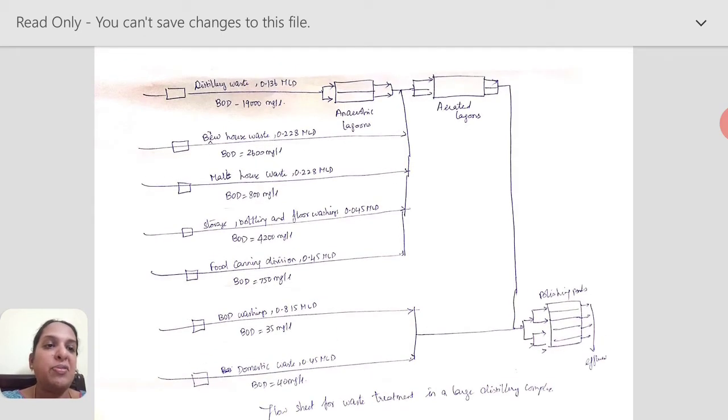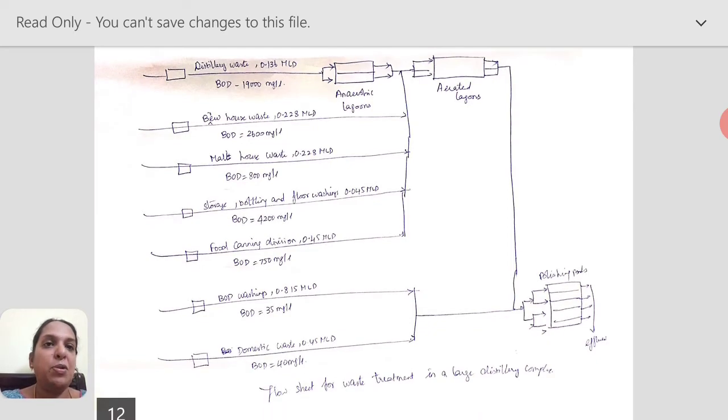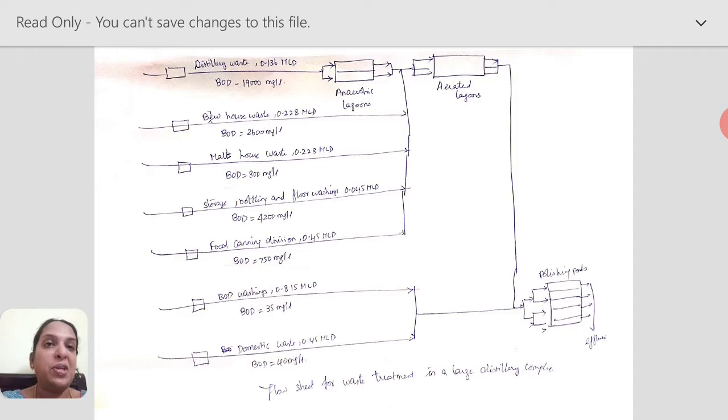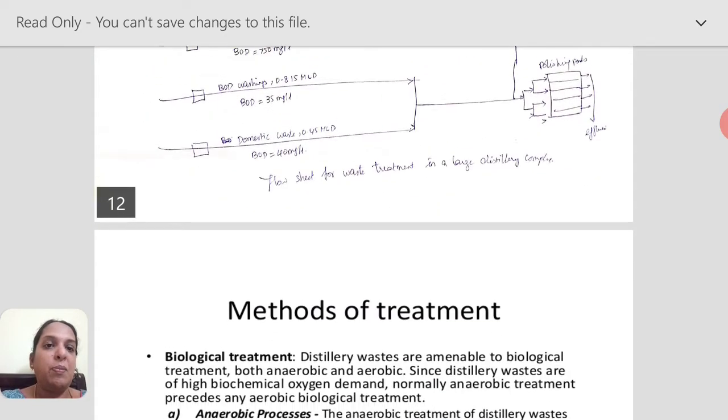Only because of this are they taken directly to the polishing ponds, while the other high-BOD wastes are taken to aerated lagoons, and the very high BOD of 19,000 is taken to a two-stage anaerobic lagoon as well as a two-stage aerated lagoon. As I already said, aerated lagoons alone are not possible with such high BOD because they require a large amount of aeration, which makes them uneconomical.